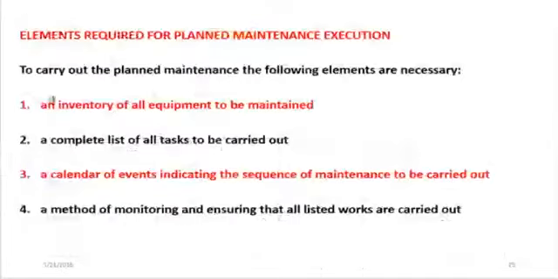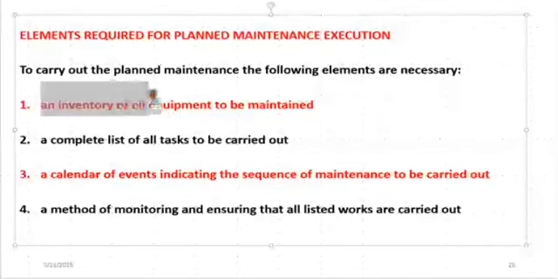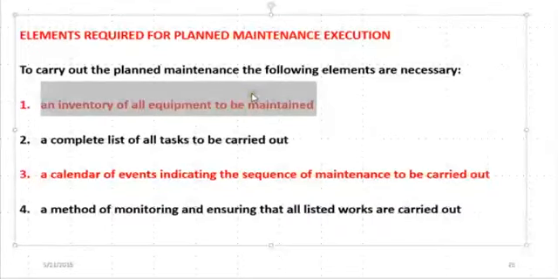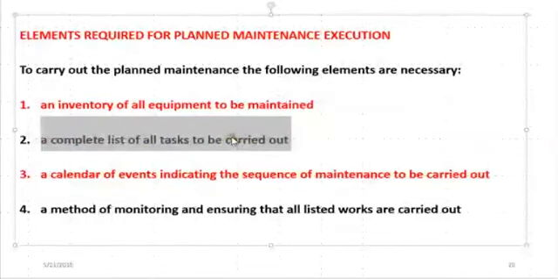Now, what are the elements that are required for us to make sure the plant maintenance is executed successfully? The items are given here, 4 of them. The first thing, there is need of inventory, the list, the record of all the components that are to be maintained. Second thing is there must be a complete list of all the maintenance activities that will be conducted on those machines.